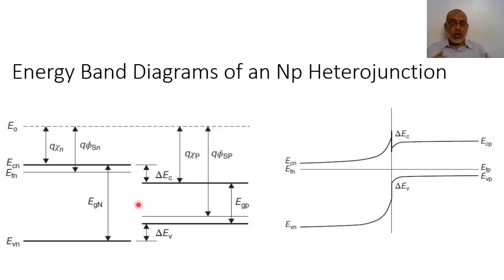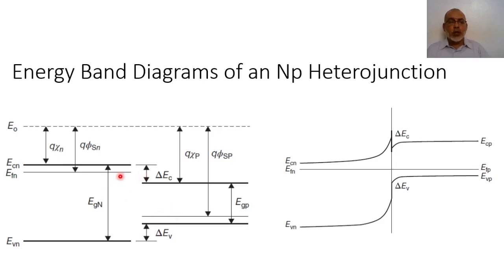Here is a schematic diagram for the band gap of a heterojunction. Assume that we are going to use N-b, where capital N indicates an N type with a wide band gap, and small b means a B type with a small band gap. So these are the energy bands of the capital N and small b before connecting to each other.